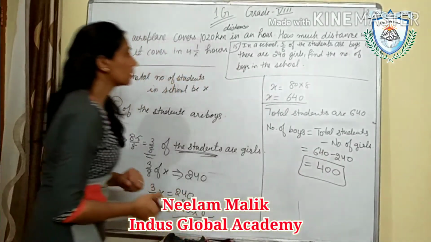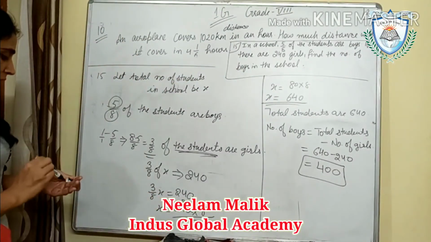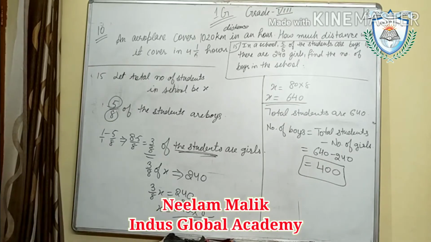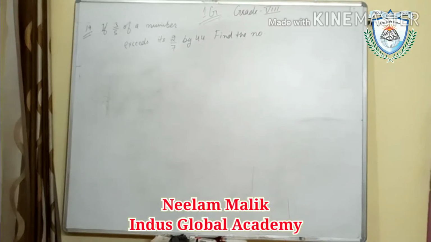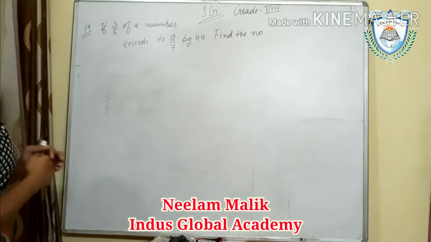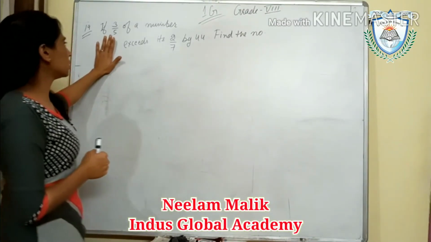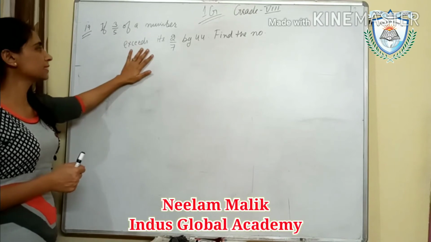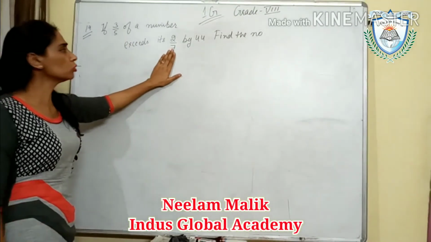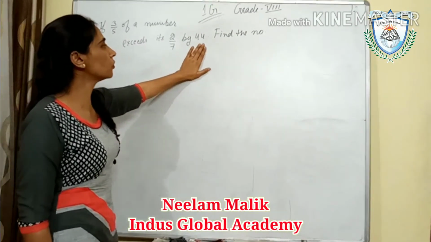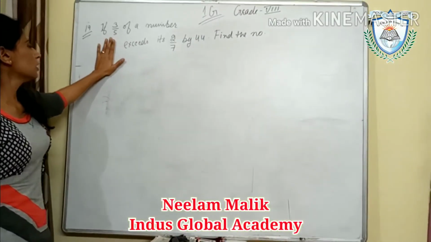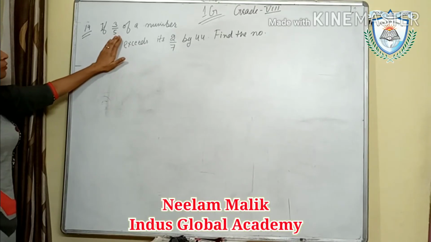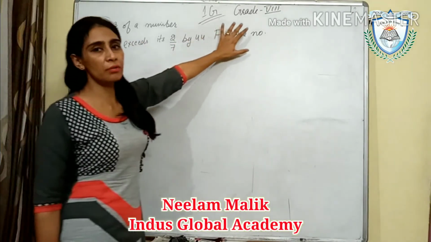Now the next question is question number 90. If 3/5 of a number exceeds its 2/7 by 44, find the number. Here the number is not given, we have to find that.